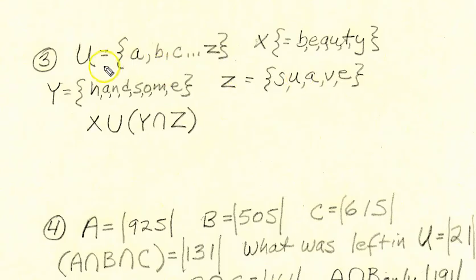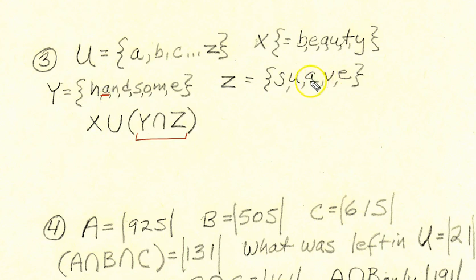Now for number 3, we have 4 sets. What they're asking us here is to be able to read set operations. And what do you do first? Well, what's in the parentheses? And again, a strategy would be see which elements intersect in both Y and Z. So I would start, let's say, with Y. H, no, there's no H's.